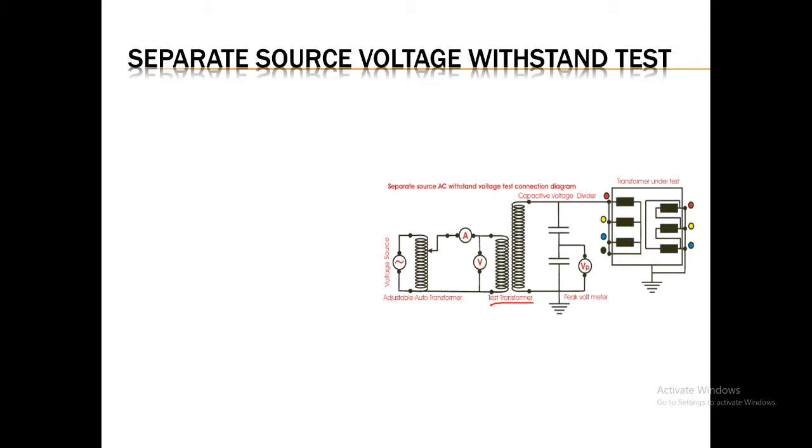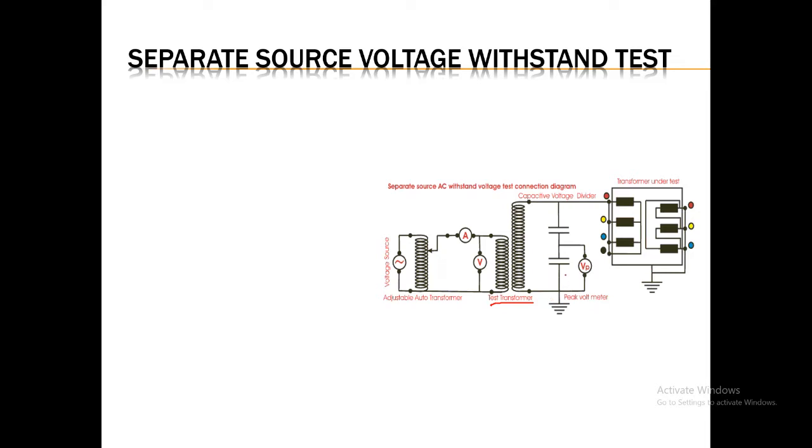This is a single phase device; the testing transformer used to produce the test voltage is single phase. This test allows you to check the voltage withstanding capacity of the transformer windings one by one, keeping the other windings shorted to the ground.